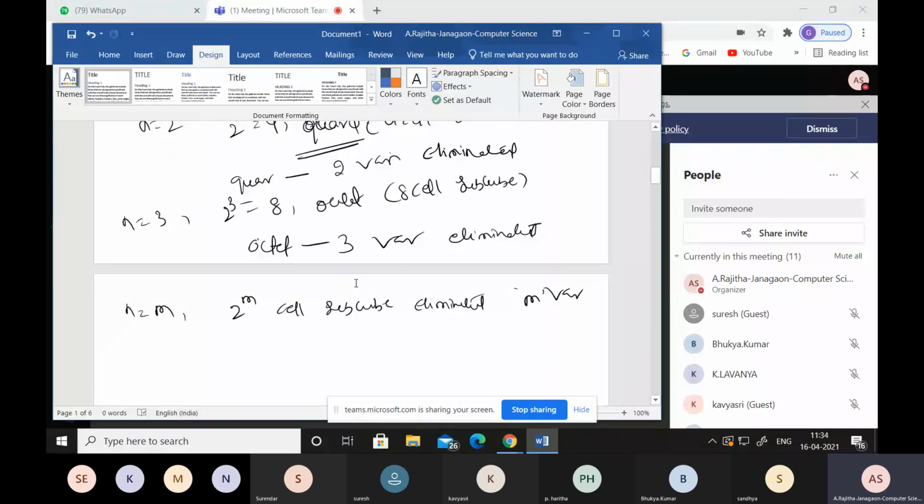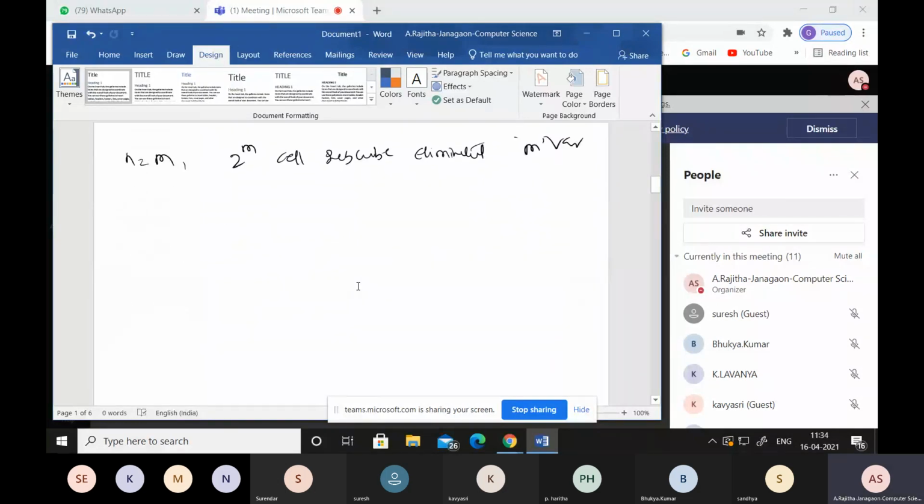Now see one more example. For this, find the sum of products expression for f equal to a, b, c, d. What is this? A, b, c, d means 4 variables are there.